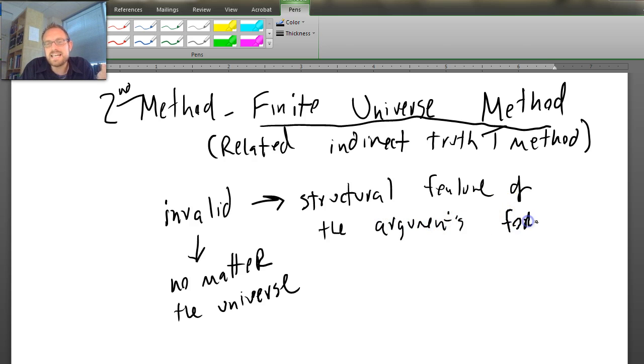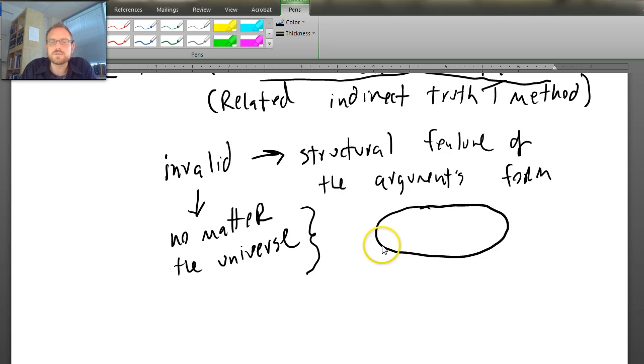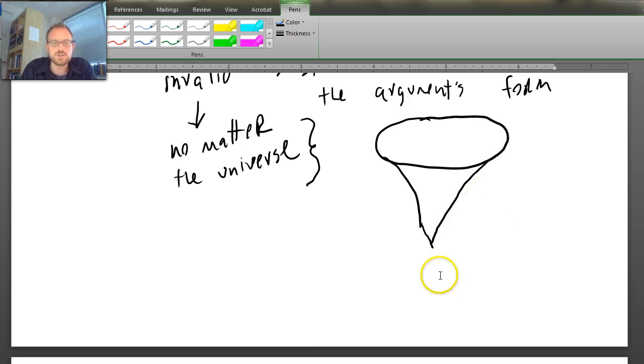I'm hoping I can explain this well: since invalidity doesn't depend on what happens in the universe, what happens if we take the universe and shrink it all the way down until the universe is just one thing? It could be 1, it could be 2 or 3, or however many things in it.